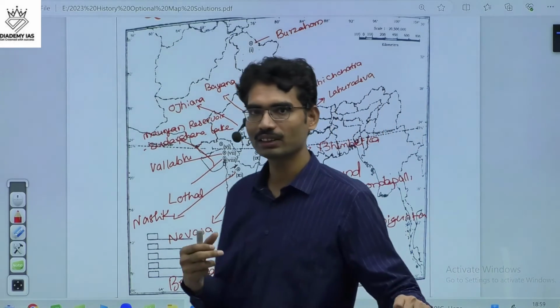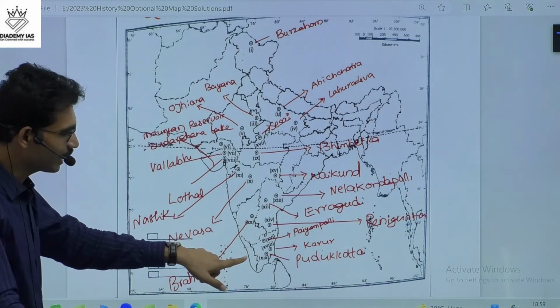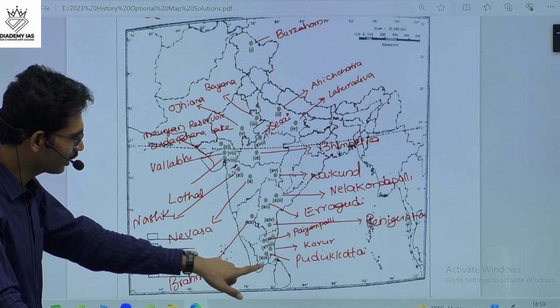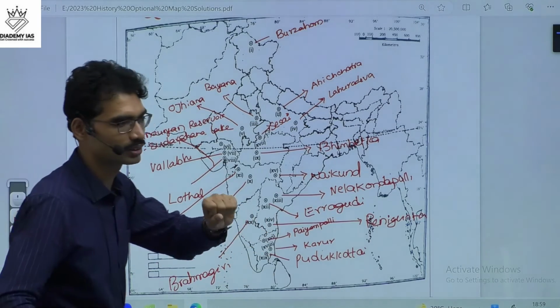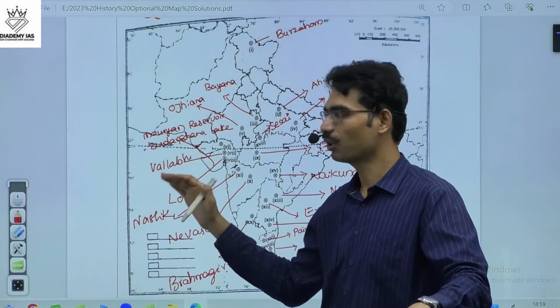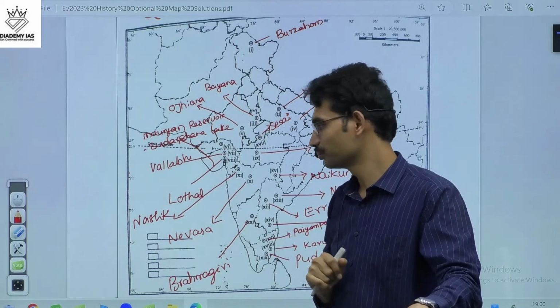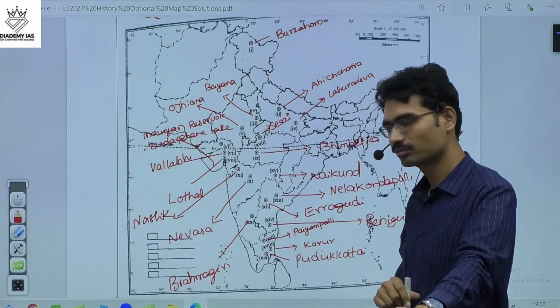They were having very strong relations with the Roman Empire. Some ports like Muziris, Korkai, Puhar, Arikamedu are the important ports. These ports were giving a lot of evidence about the trade with the Roman Empire. But if you observe, this is somewhat interior.